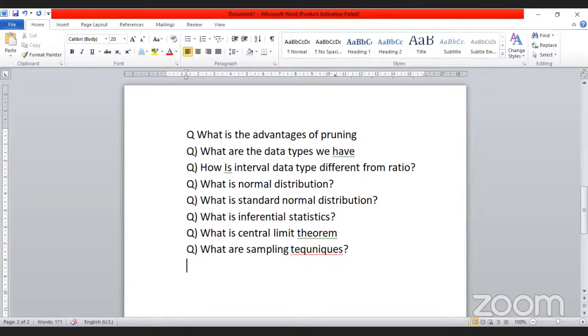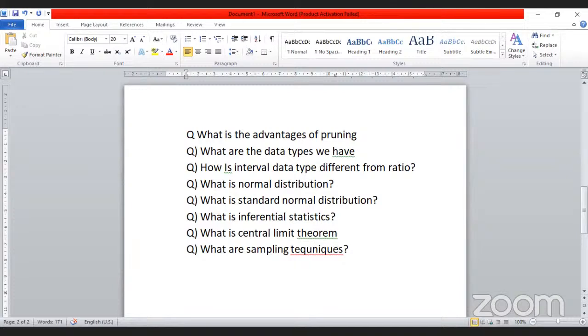Simple random sampling means just taking samples randomly. Stratified sampling means, for example, we have 1,000 data points, and in that we have 100 females and 900 males.